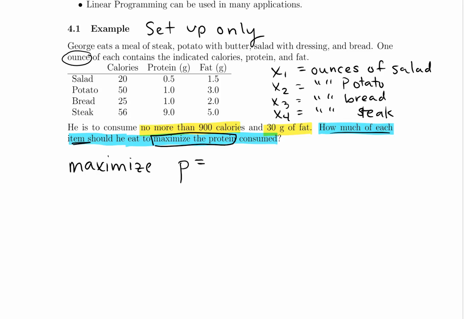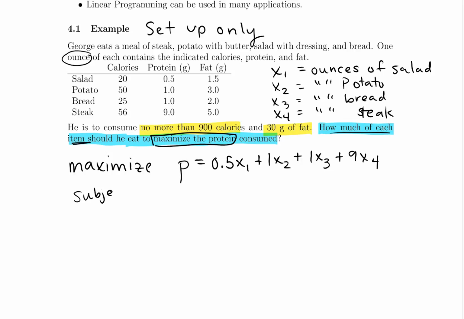Well, every ounce of salad contributes 0.5 grams of protein, and every ounce of potato contributes 1 gram of protein, and every ounce of bread contributes 1 gram of protein, and every ounce of steak contributes 9 grams of protein. So if we want to know how much protein we've eaten total, we can use this equation right here. So we want to maximize our protein subject to some constraints.